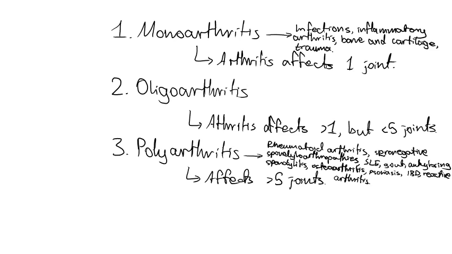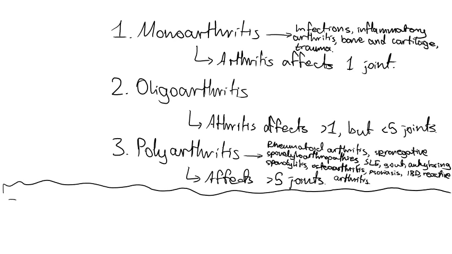So common infectious causes of arthritis in general, and I'll just note them down in this separate section here, include salmonella. So this is obviously due to a gastrointestinal origin, could be through the consumption of contaminated food.